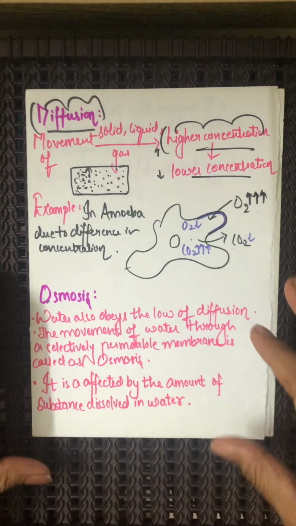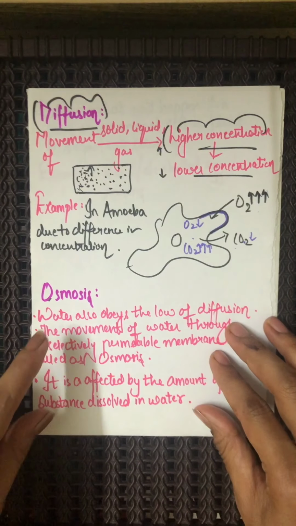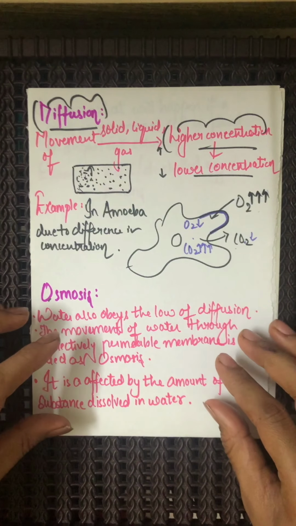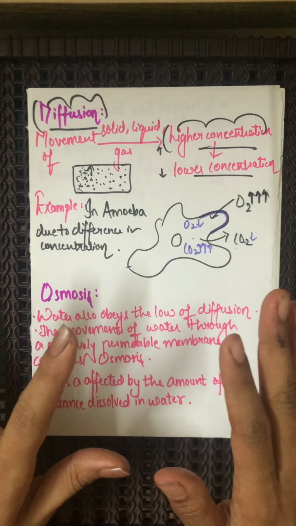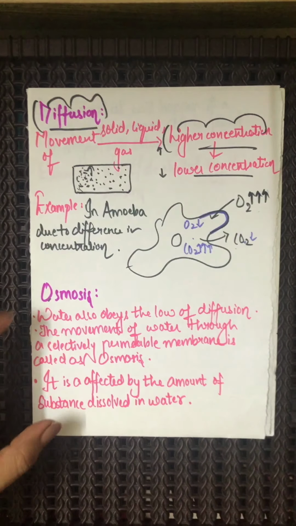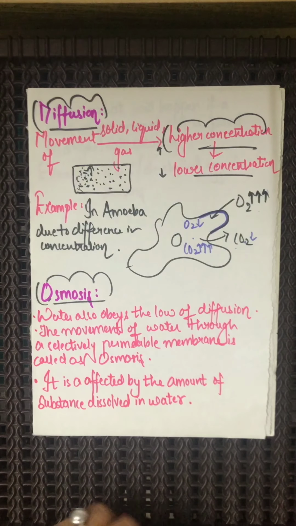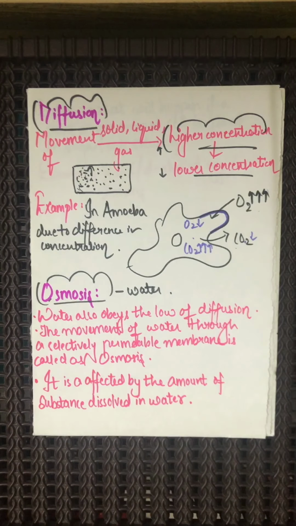Talking about the next thing, that is osmosis. Osmosis is one kind of diffusion only. When there is diffusion of water, it is termed osmosis.